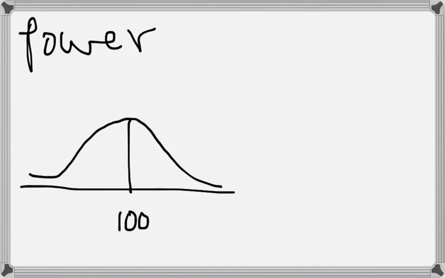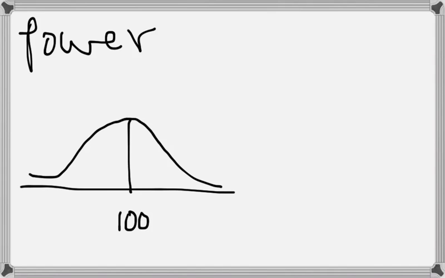Let's suppose that you have a distribution and that you take a sample, and it's normally distributed, everything works great, all your assumptions and conditions are good, and your mean is 100. What if your null hypothesis is that the mean is 100?